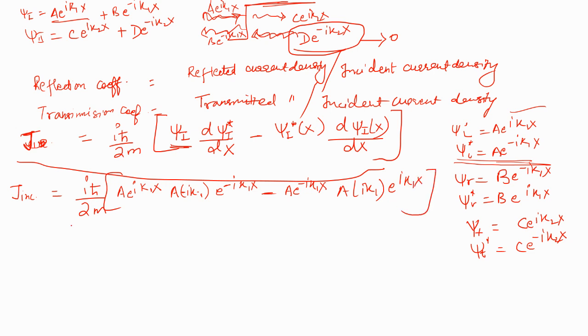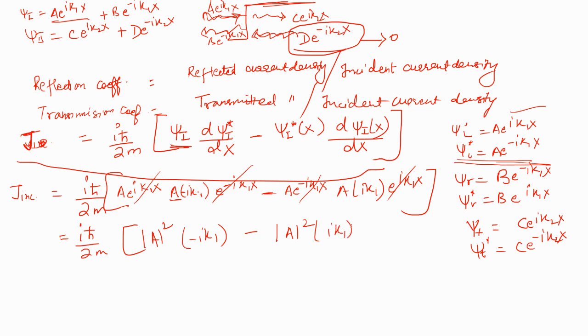Iota h cross upon 2m, this will become a square, this a square, this will cancel, minus iota k1, again this will cancel, because e raised to the power minus iota k1x plus iota k1x is equal to e raised to the power 0, and e raised to the power 0 is equal to 1, so that is why I'm saying cancel.